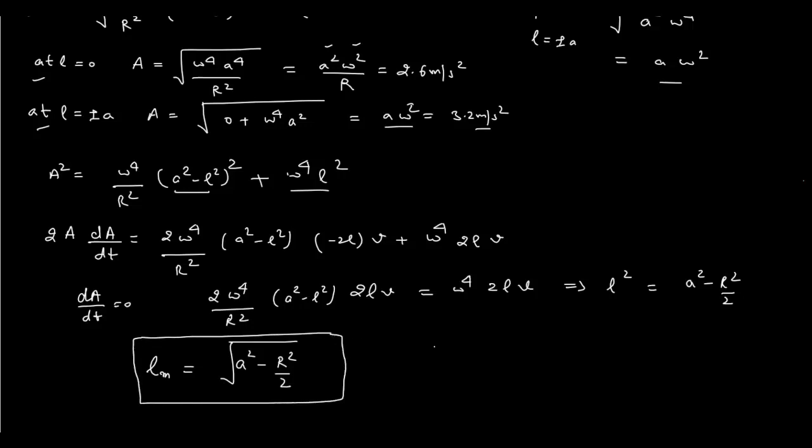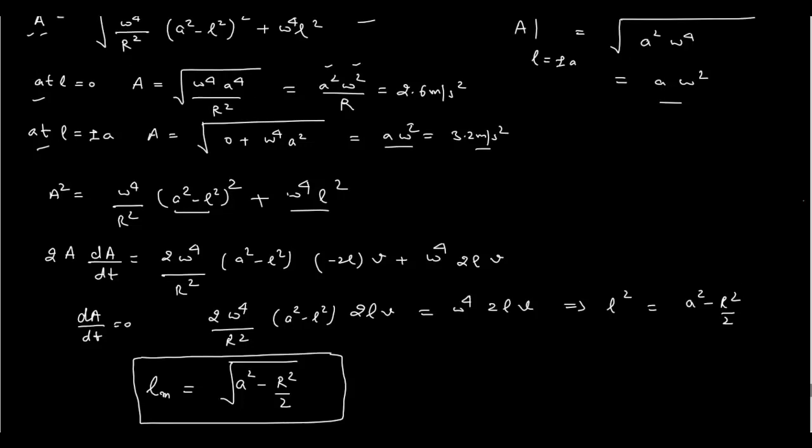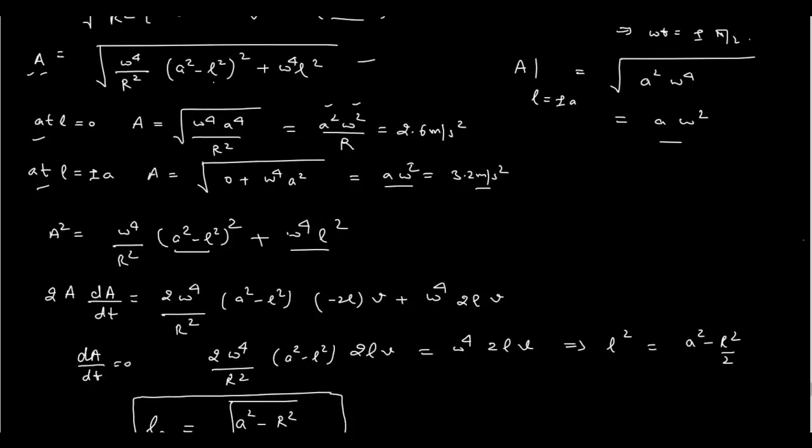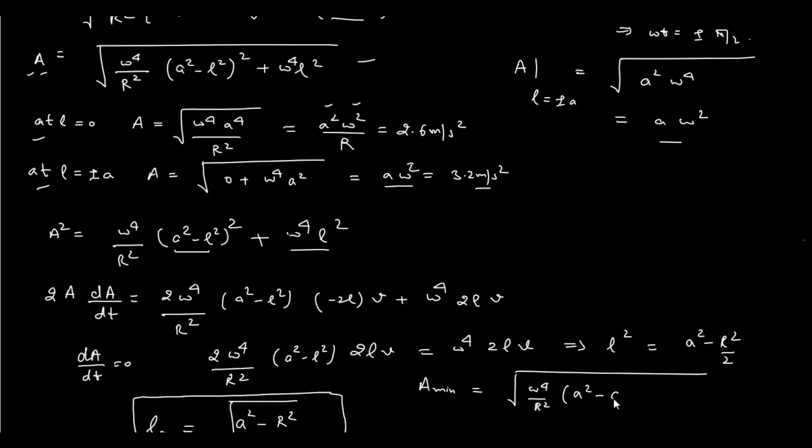And if we substitute this value of L in this equation, that gives us A minimum as omega 4 divided by R square A square minus A square plus R square by 2 whole square plus omega square A square minus R square by 2.